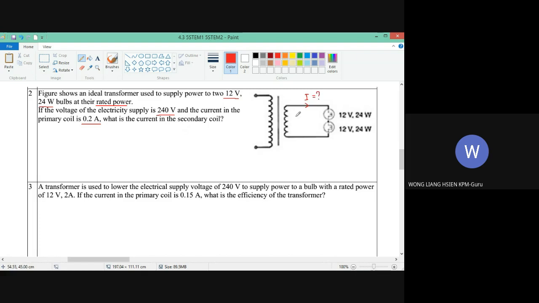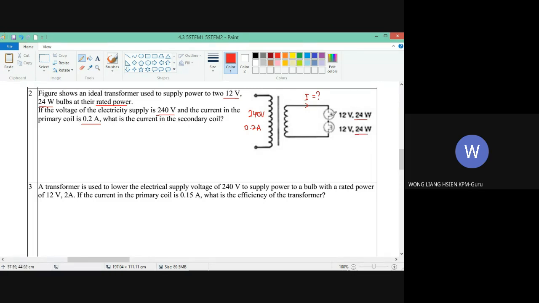Okay, so you see, although they give us the voltage in the primary coil and the current in the primary coil, actually we do not need this information to calculate the current in the secondary coil, because here they already give us the power of the secondary coil.